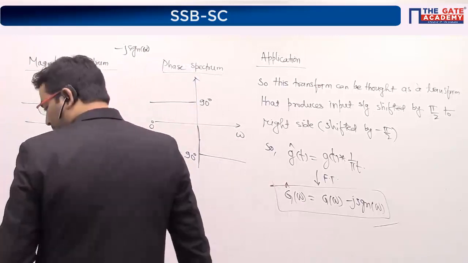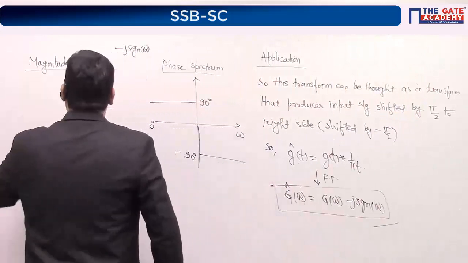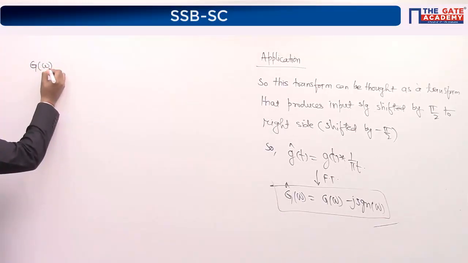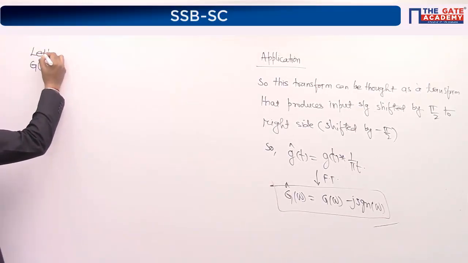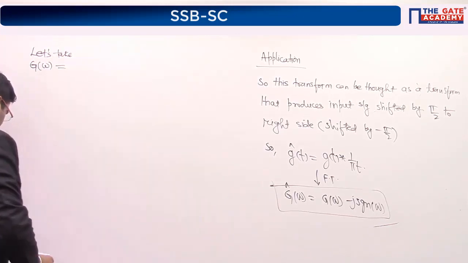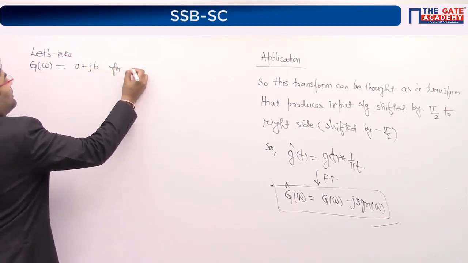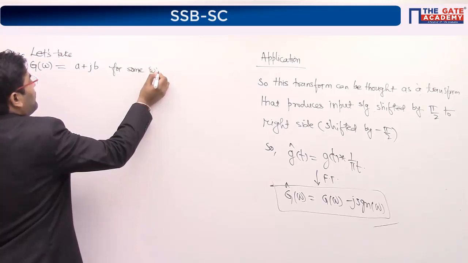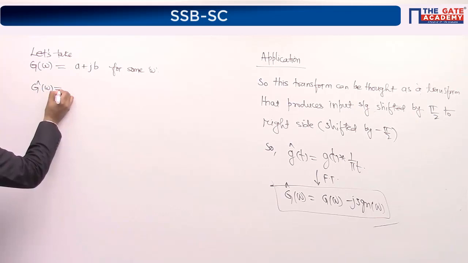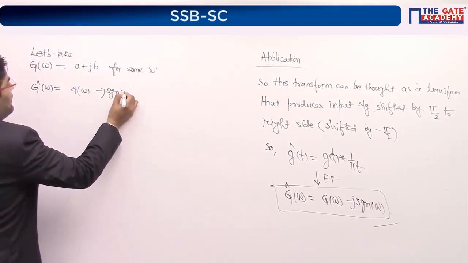Now I am going to give a very good application. You will be happy to see what this can do, and trust me, you have never seen something like this before. Let's take g of omega equal to a plus jb for some omega. It's a constant, I know, but for some omega you get a constant. So what would be g hat omega? It will be g of omega into minus j signum omega.